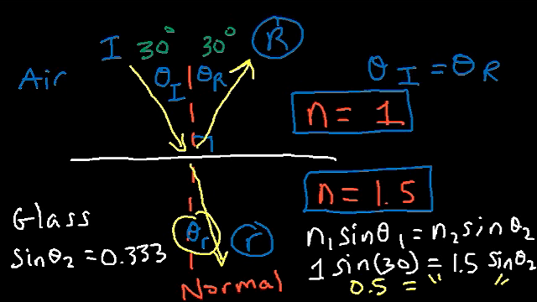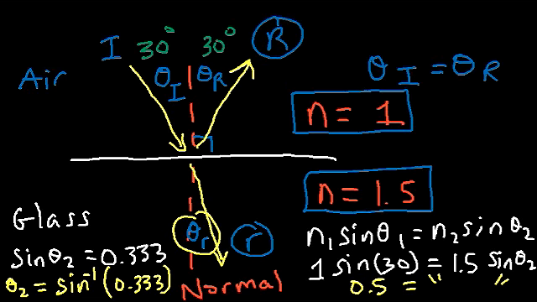To find theta 2, take the inverse sine of both sides. Theta 2 is the inverse sine of 1/3, or 0.333. Make sure your calculator is in degree mode, not radian mode, because mine was in radian mode.